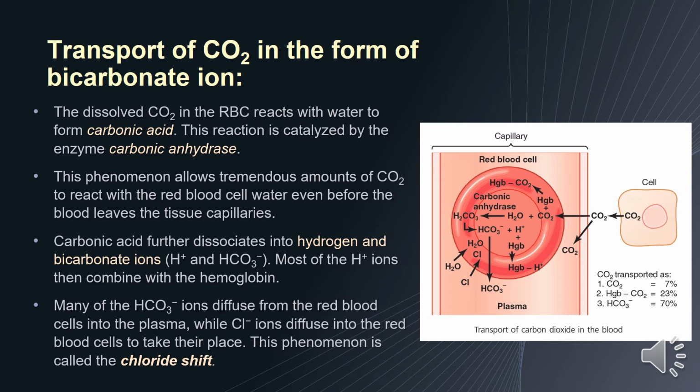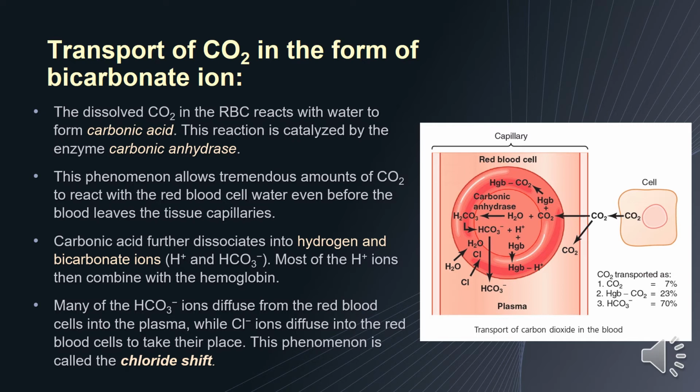This allows a tremendous amount of carbon dioxide to react with water within the red blood cells even before the blood leaves the tissue capillaries. The reaction is so huge and so fast, and this enzyme can increase the rate of production of the carbonic acid by more than 5,000 times.